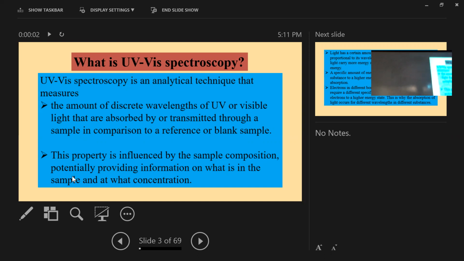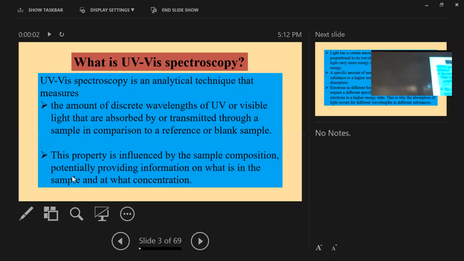This property is influenced by the sample composition. If I put this single folded paper, it can transmit some of the light, but if I use this one, you cannot see anything.